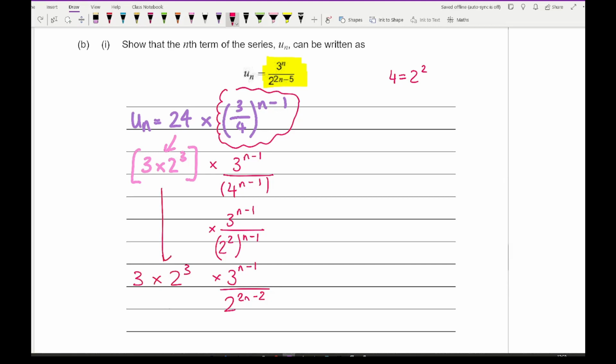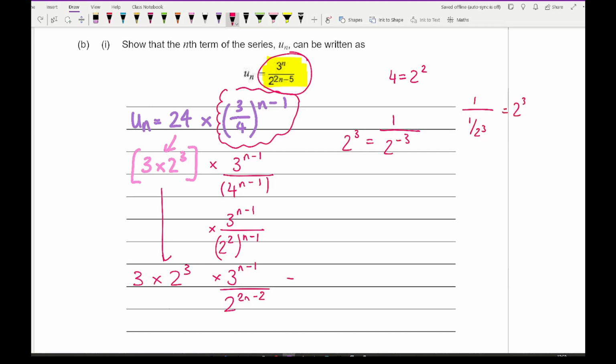Now, lo and behold, I've now converted things into 3's and 2's. However, it's still not quite looking like what they want. Now, this is the sneaky thing here. To write 2 cubed, I can write this as 1 over 2 to the power of minus 3, because that then becomes 1 over 1 over 2 cubed, which is 2 cubed.